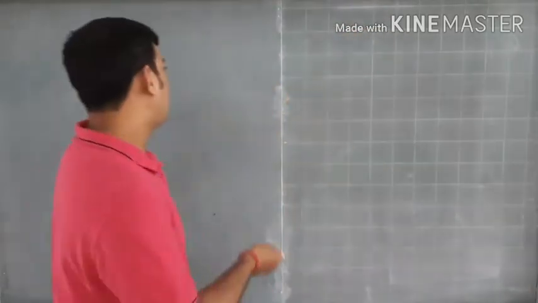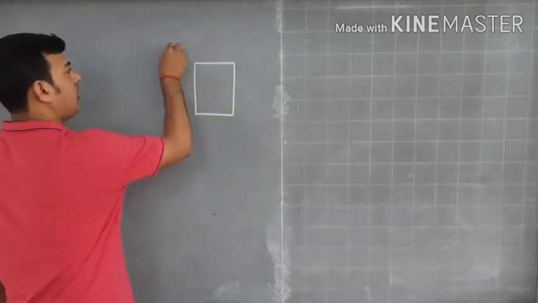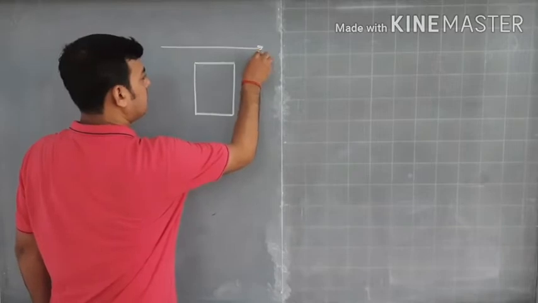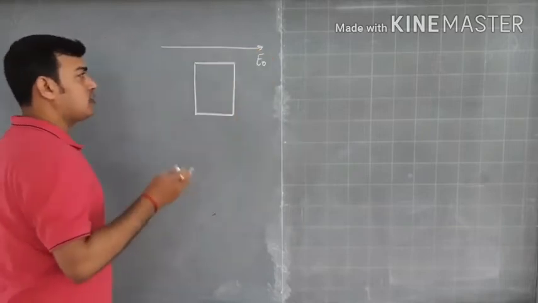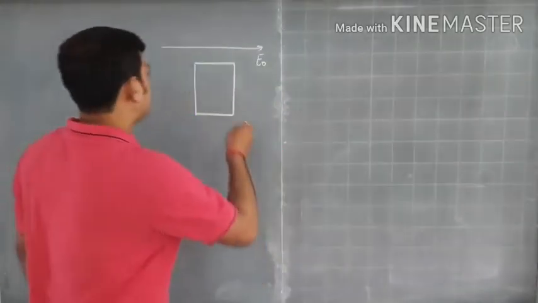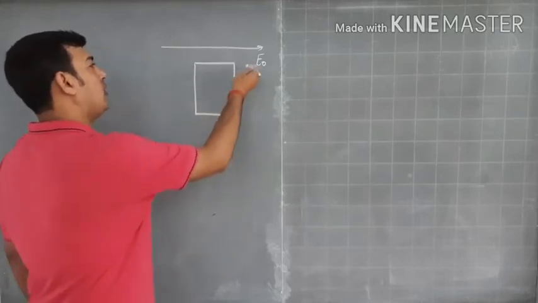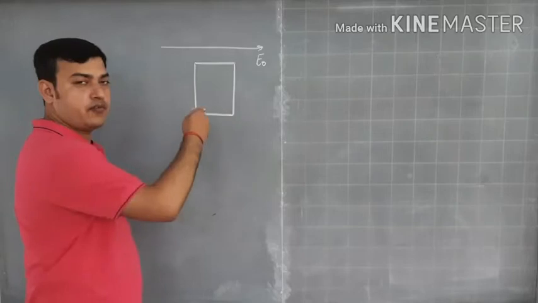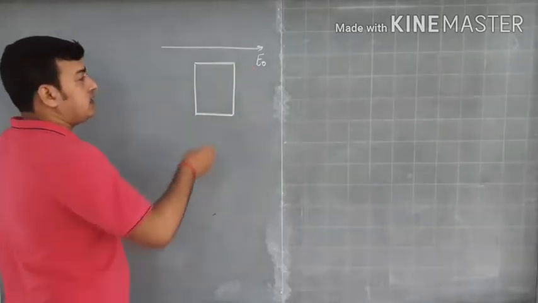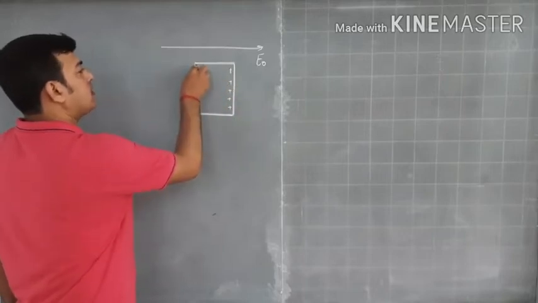If I have a conductor that is placed in an external electric field E naught, since my conductor has a number of free electrons, the positive charges will experience a force in the direction of the field, while the negative charges will experience a force opposite to that, and these free charges will appear here like this.